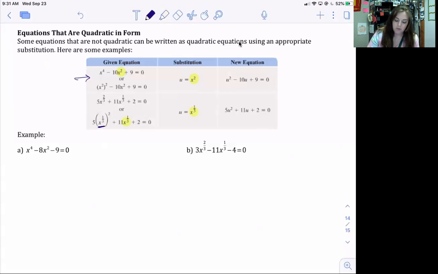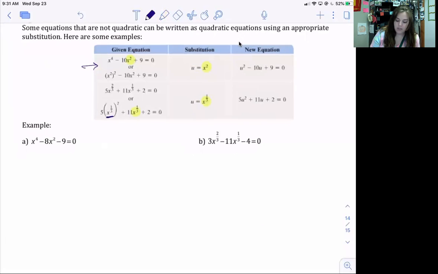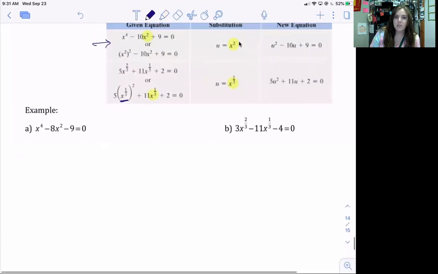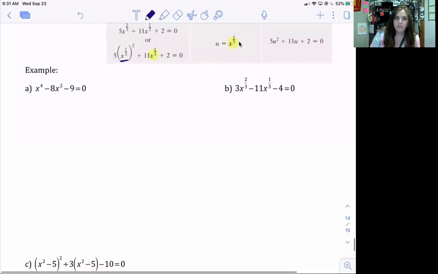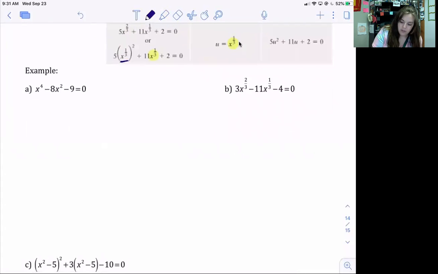Okay, so if we look at this first example, x to the fourth minus 8x squared minus 9 equals 0. If we look at our middle term, we have x squared. So we're going to let u equal x squared. If we do that, you want to go a little bit further.